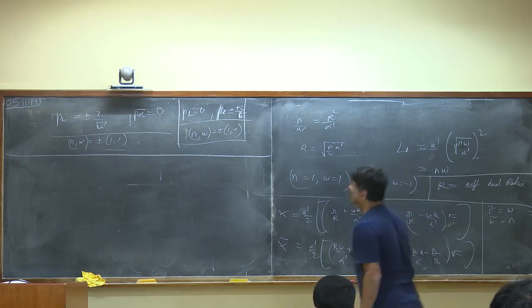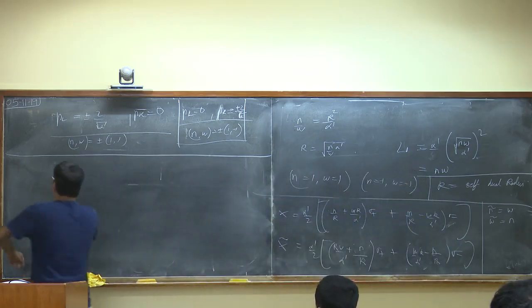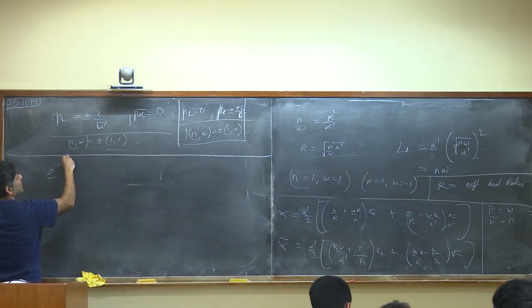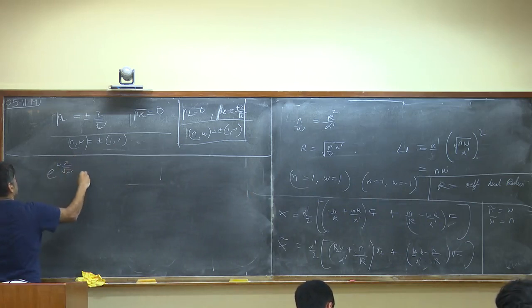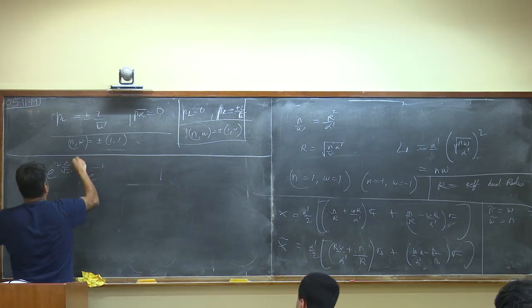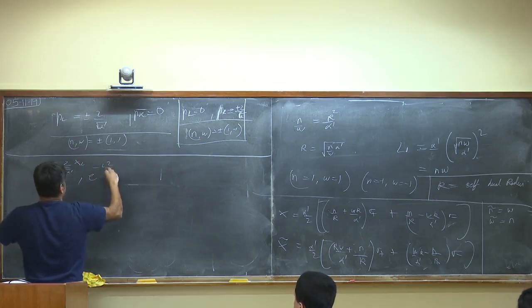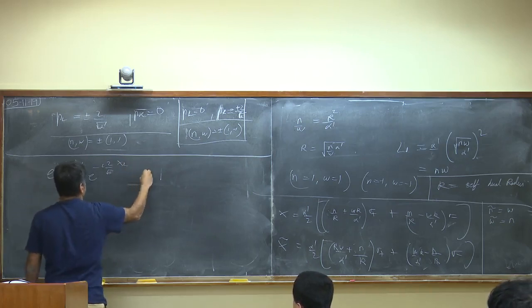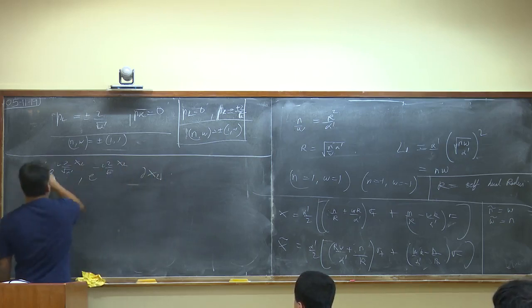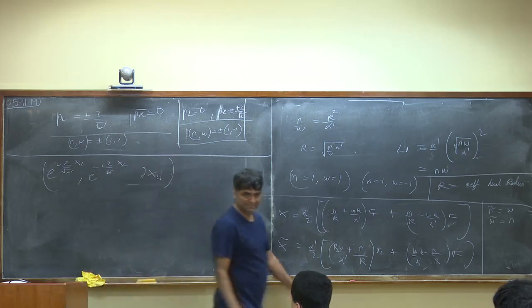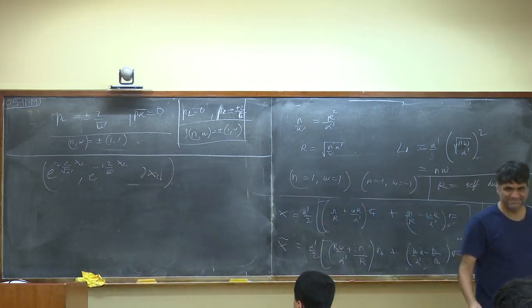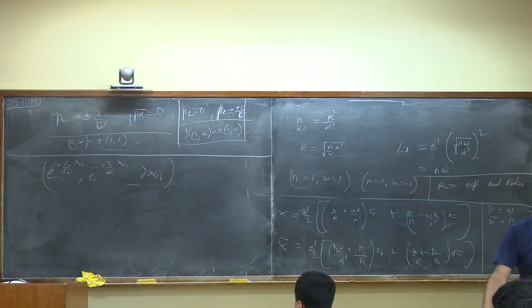The 3 currents are e to the power I 2 by square root alpha prime XL, e to the power minus I 2 by square root alpha prime XL, and del XL, and similarly for XR.